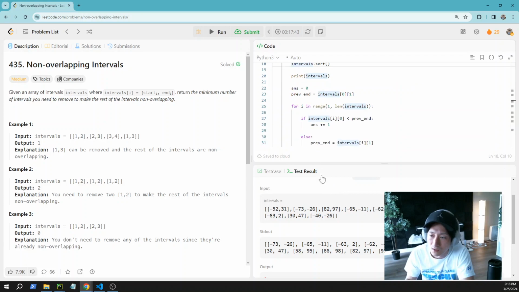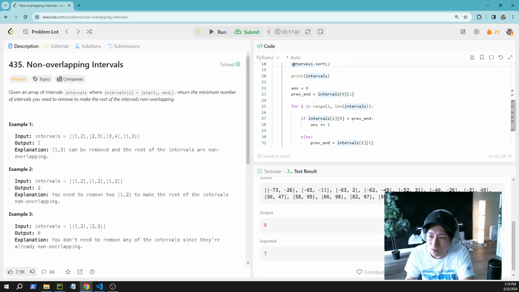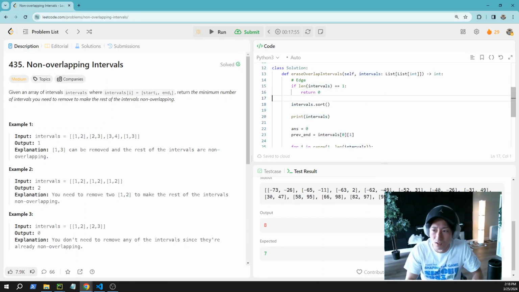So it looks like I need to sort by ending first. Is that true? I can just try. So sorted by key is going to be the lambda function, and this is just a two-length array. So I'm gonna sort by ending, and then just in case, I'm gonna sort by starting next.